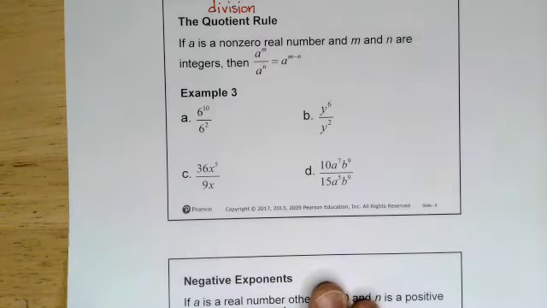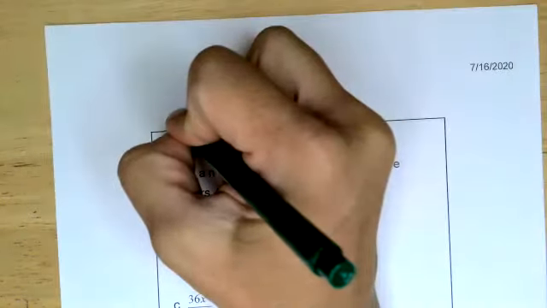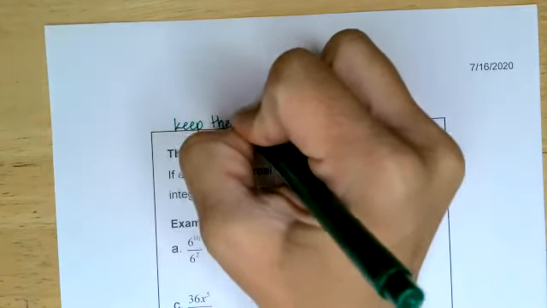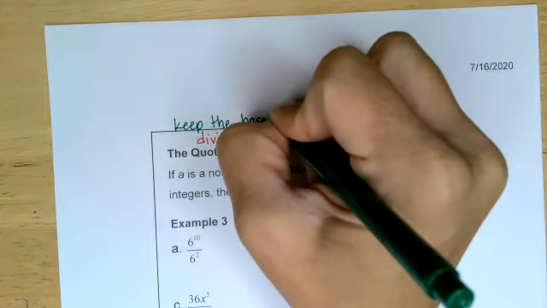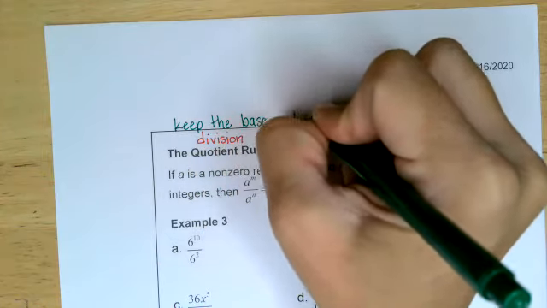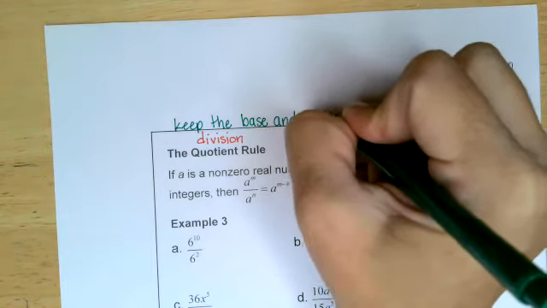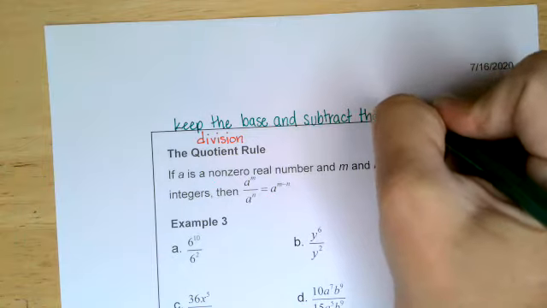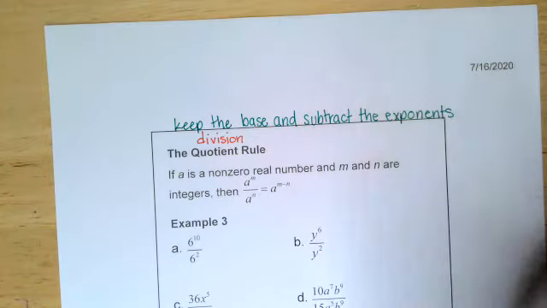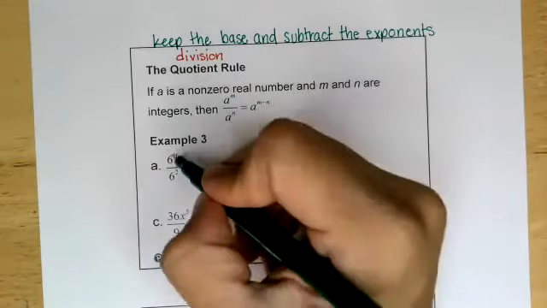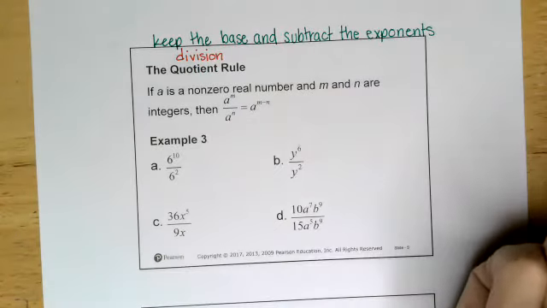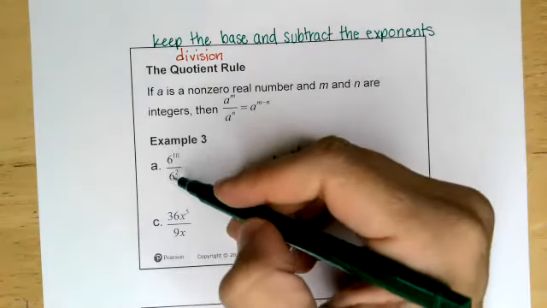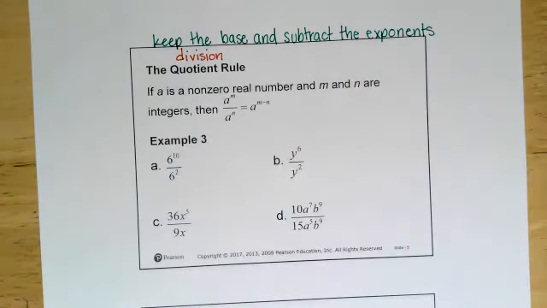So for division, keep the base and subtract the exponents. Okay, and make sure you start with the number on top and subtract the number on the bottom. Start with the numerator or the top number, subtract the bottom number from the top number.